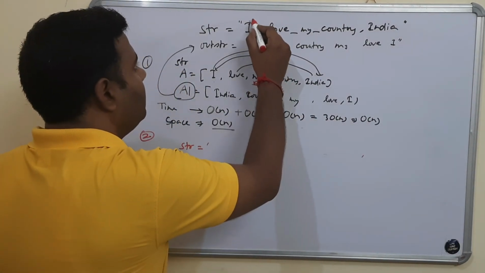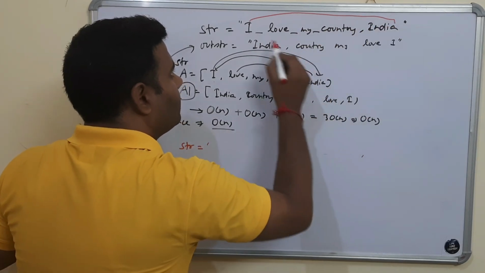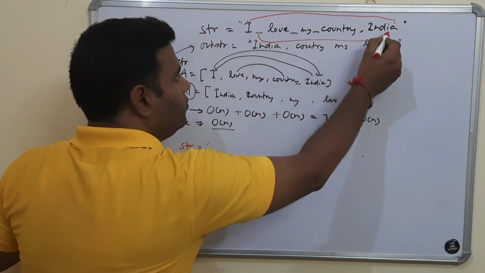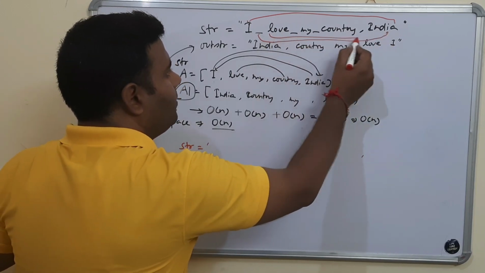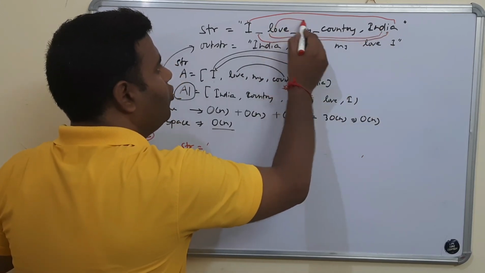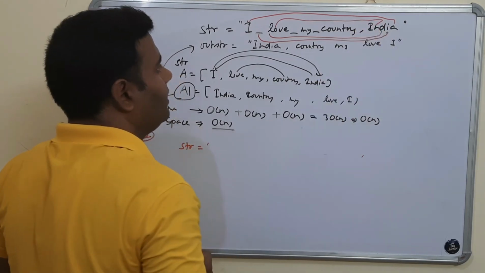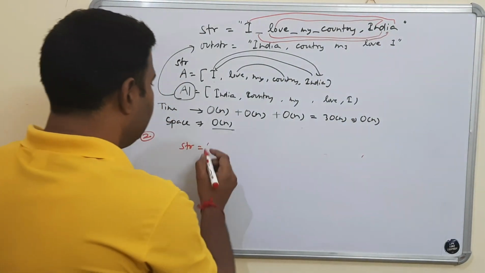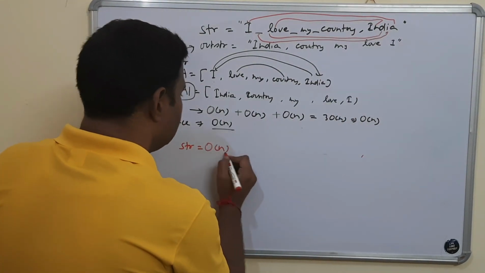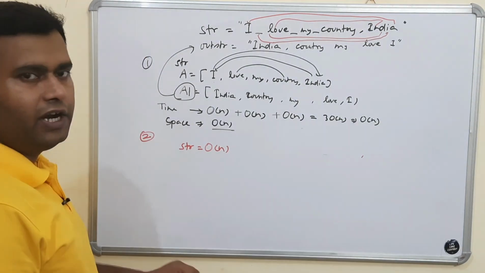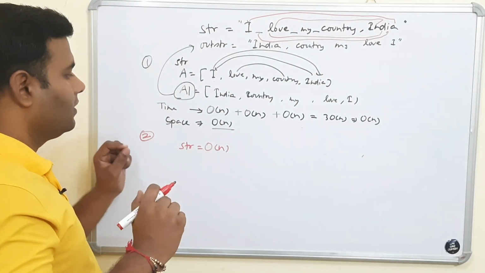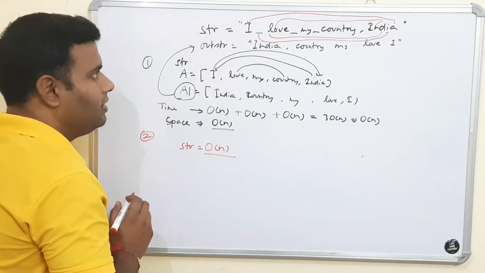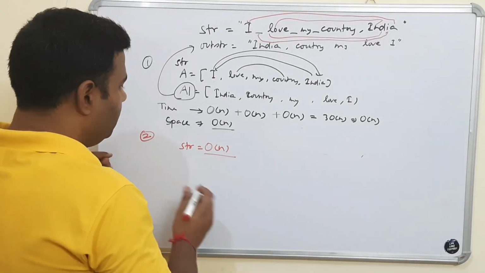Here I will be swapped with A, the second character, the space, will be swapped with I, and then L will be swapped with D. Similarly O will be swapped with N, and in this way it will take only O of n time, because you are iterating from the 0th index to the last index.